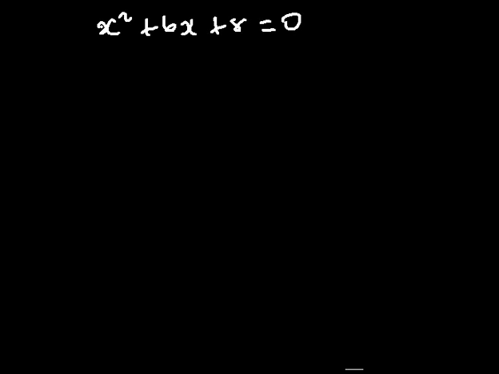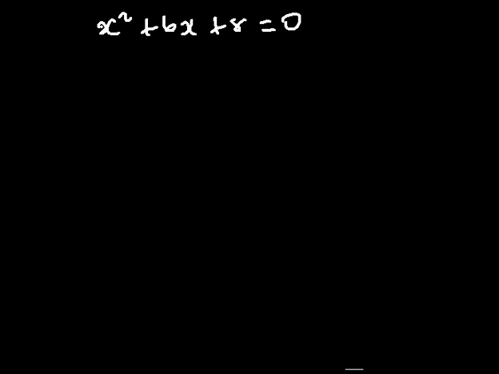As you can see here, this is the quadratic equation, and it is in its general form. So first of all, we should ensure that the value of a is 1. As it is here, really it is 1 here.